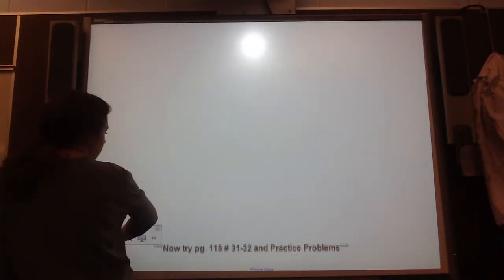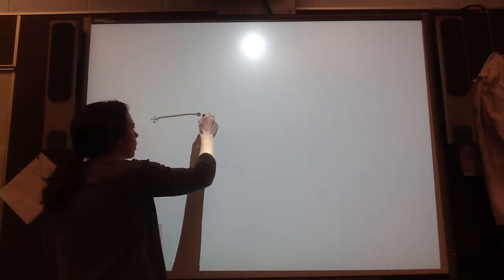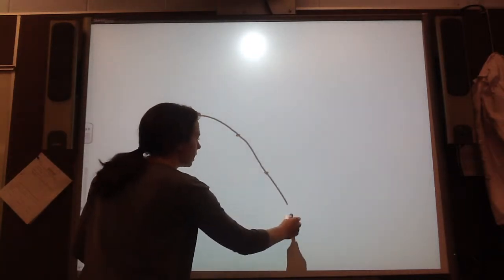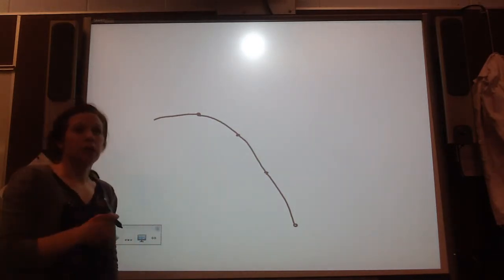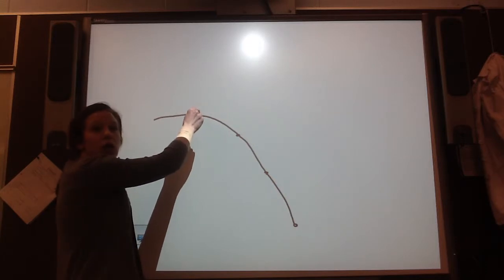Now, when we did projectile motion, we could summarize what was happening. If an object is projected outward, and say these are its different spots that I measure, what can I say about the object's horizontal velocity at this point?